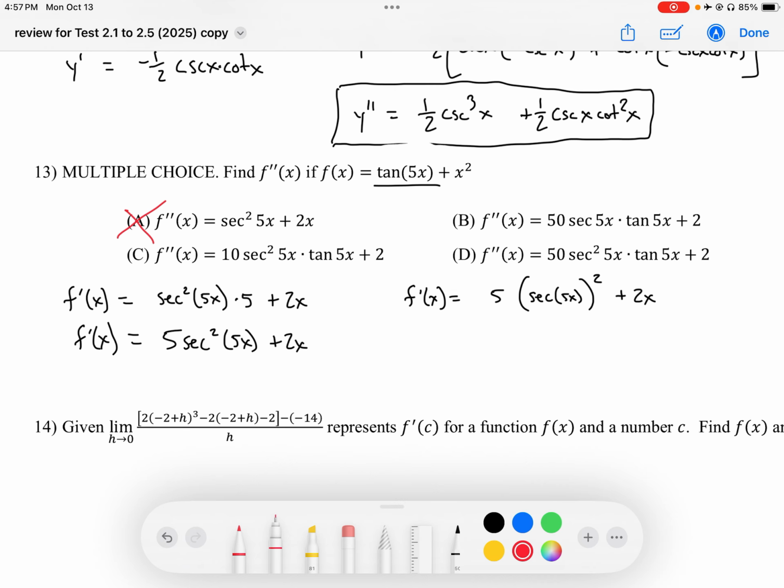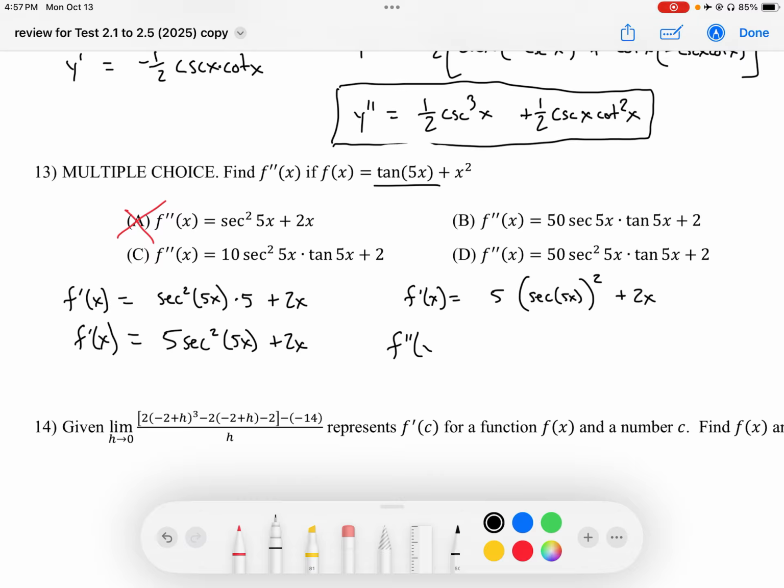So this friend right here is a double chain rule, because I have something squared, that's the outermost function, then secant of something is the next layer, and the last layer is 5x. So when I take that derivative, I'm going to have to use the chain rule twice.